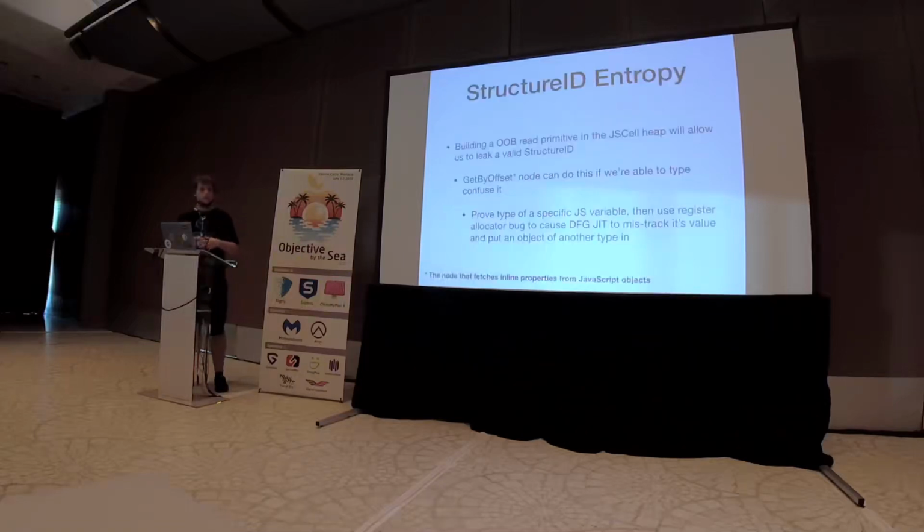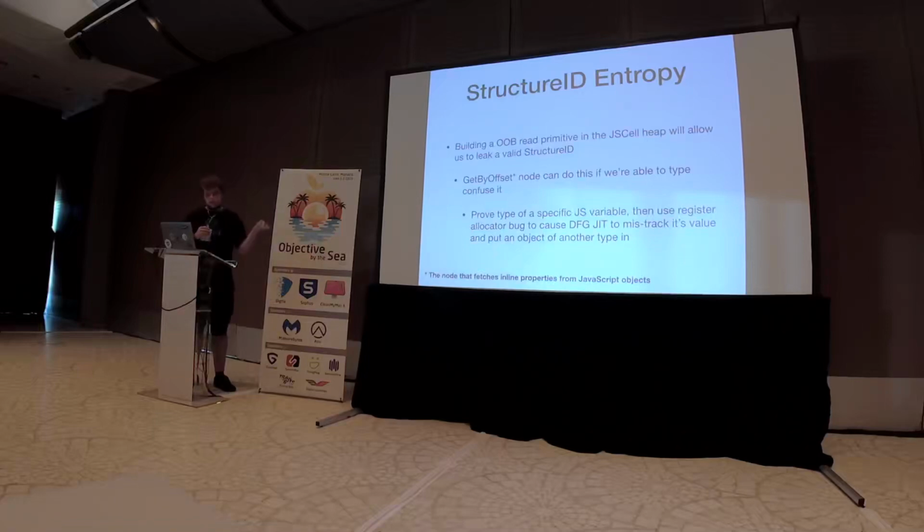And if we look at what the structure ID entropy mitigation actually added, well, once you have the ability to read out of bounds in the JSC heap, we can still look at a valid structure ID, and we can just use that and not have to spray and pray or guess the 7 entropy bits.